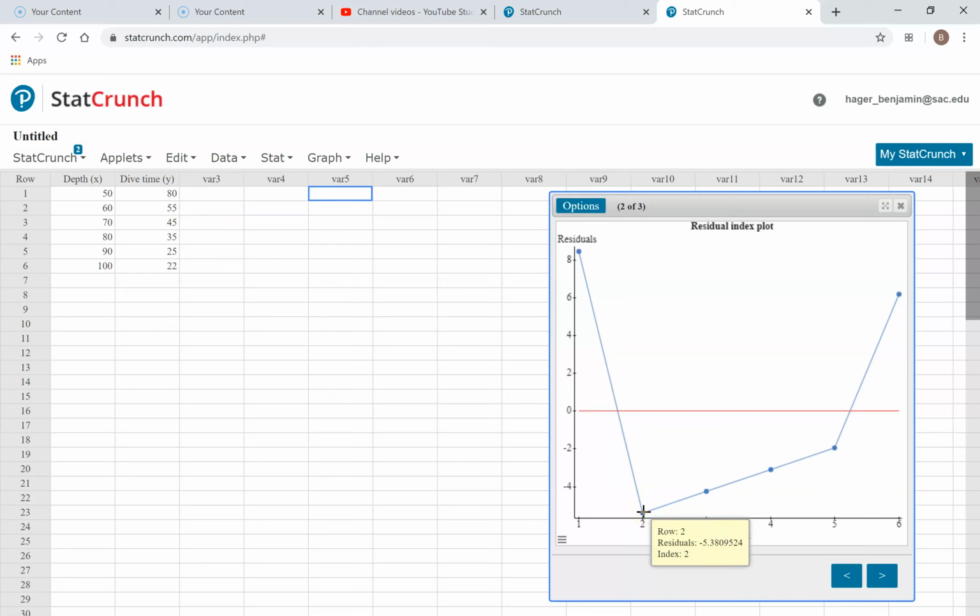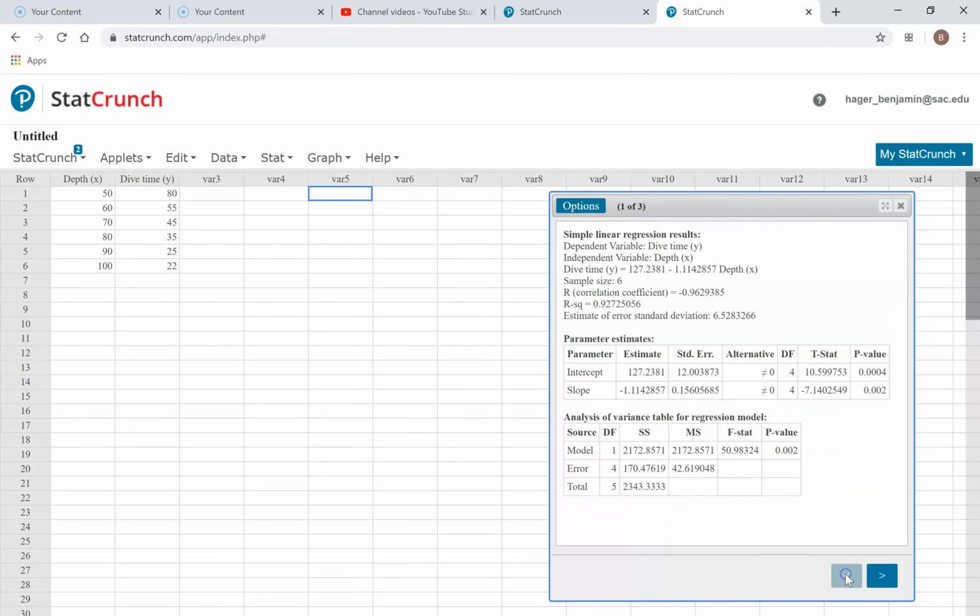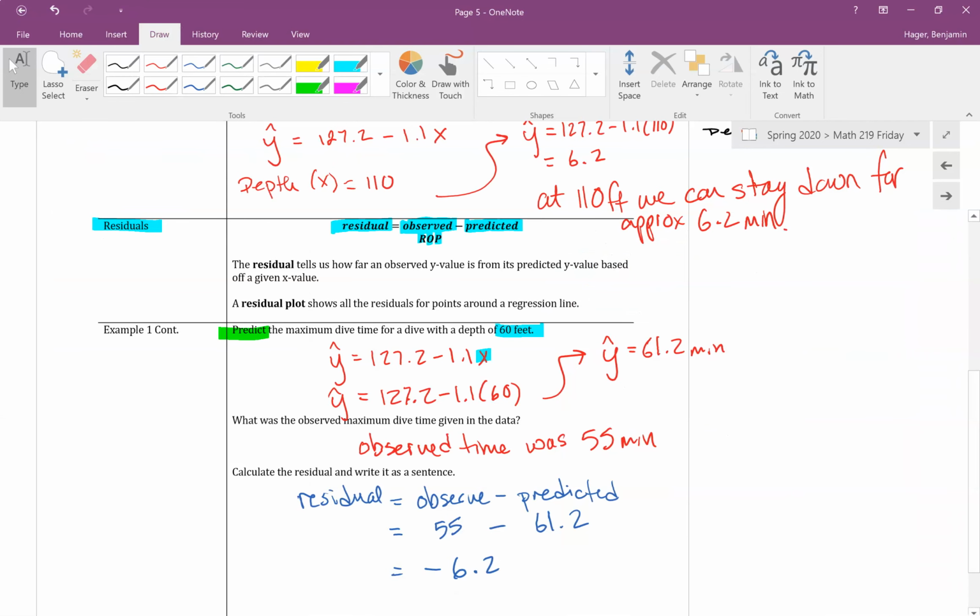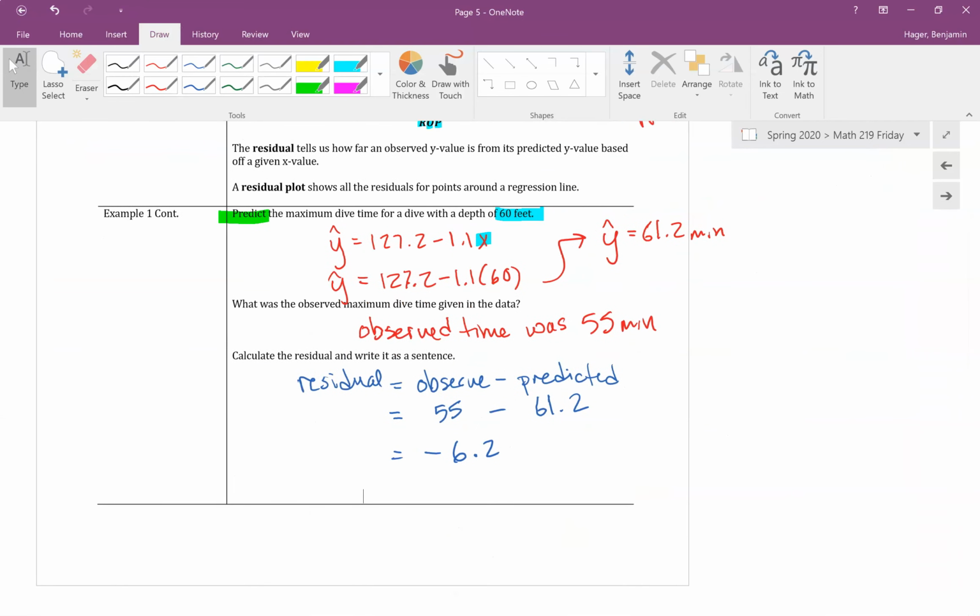That's off quite a bit, but I'm certain that's because I really rounded these decimals off. If I was being a little more accurate, I'm sure I'd get a better answer. But that's okay, we'll run with it. So that's my residual, and what that means is that the observed dive time was about 6.2 minutes below the predicted dive time.